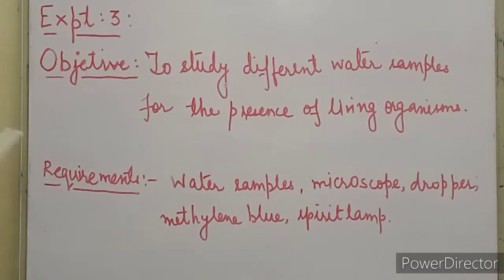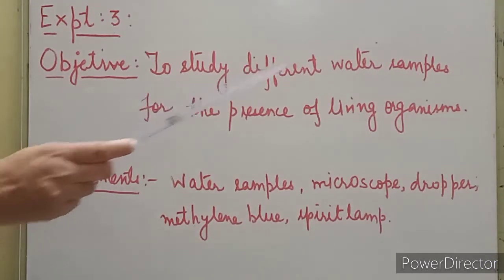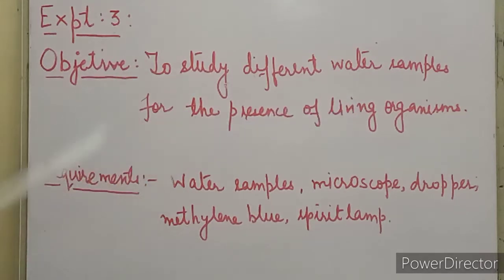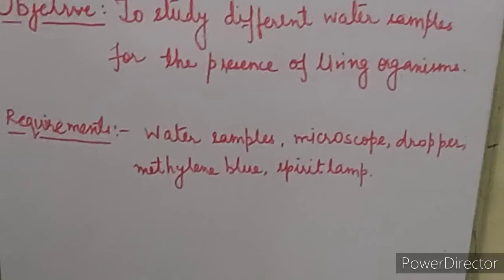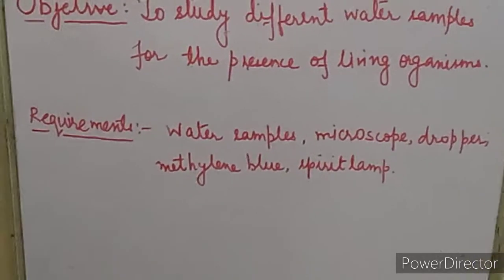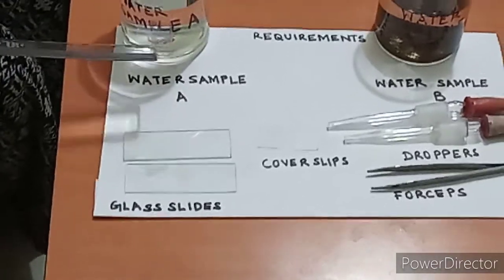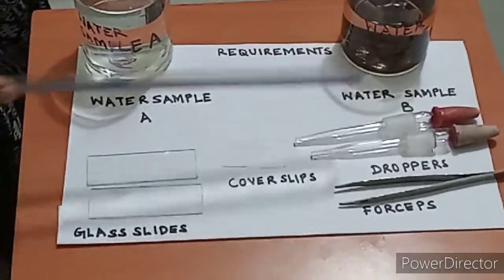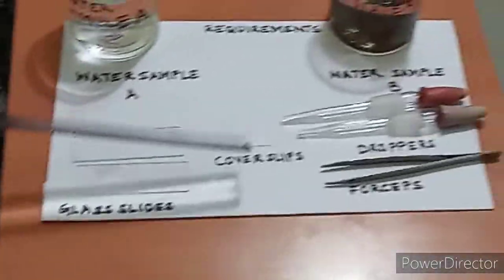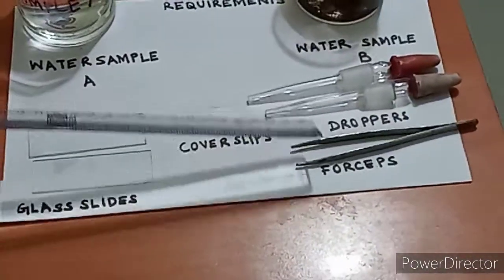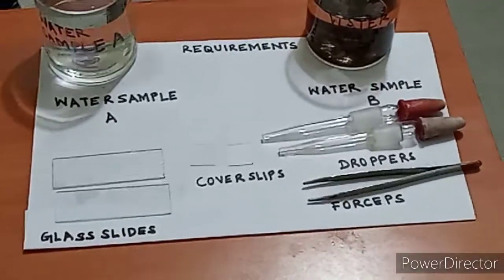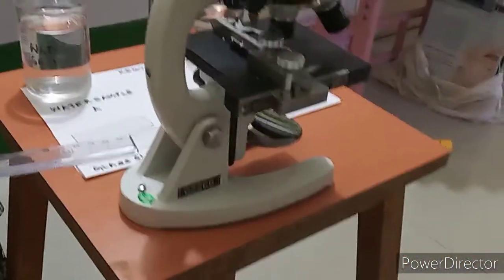So the objective for this experiment is to study different water samples for the presence of living organisms. The requirements for this are: water sample A, water sample B, glass slides, cover slips, droppers, forceps, and a compound microscope.